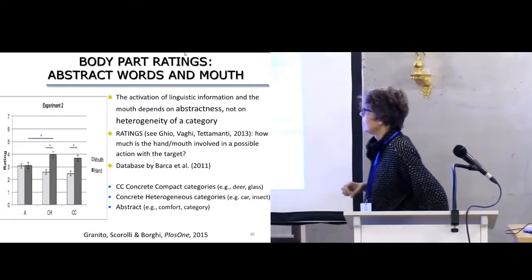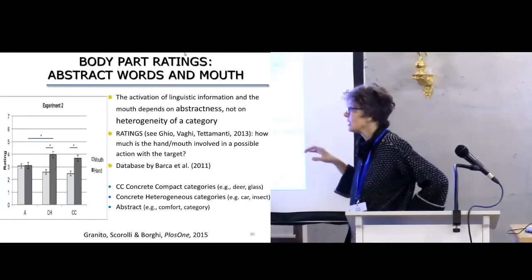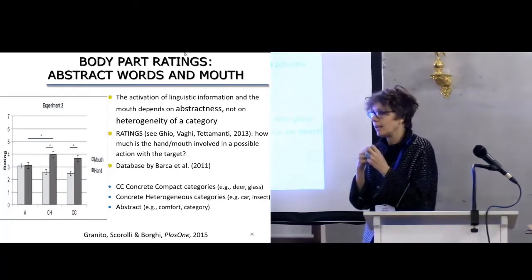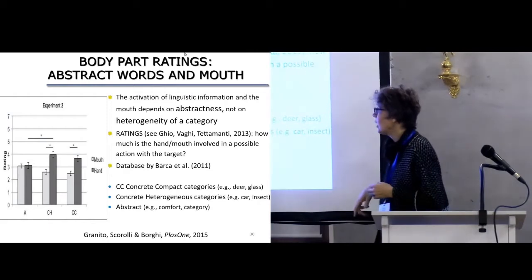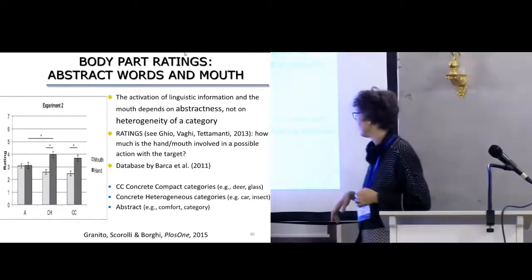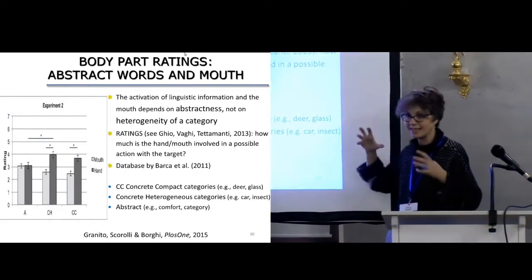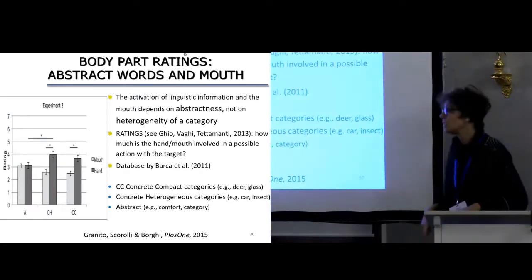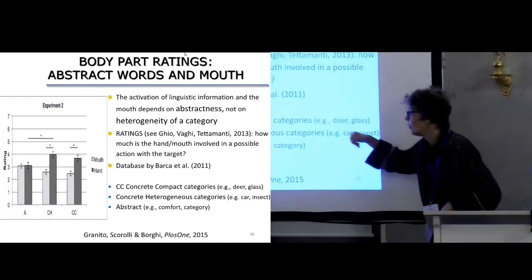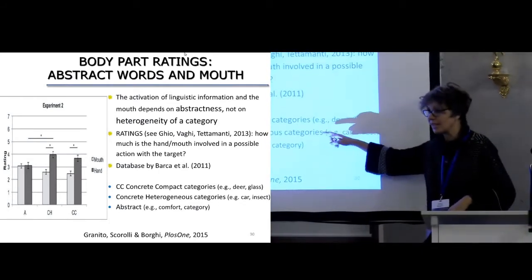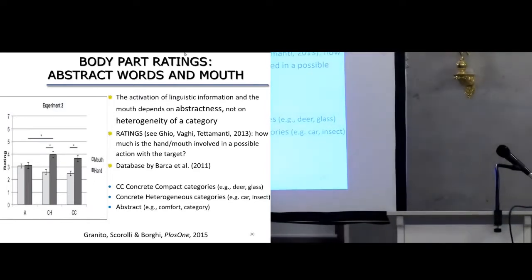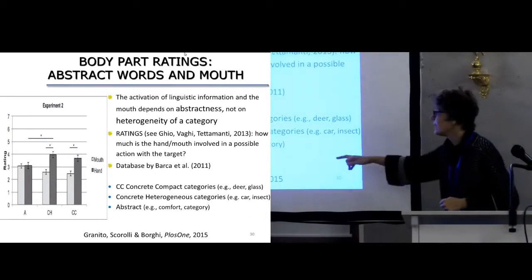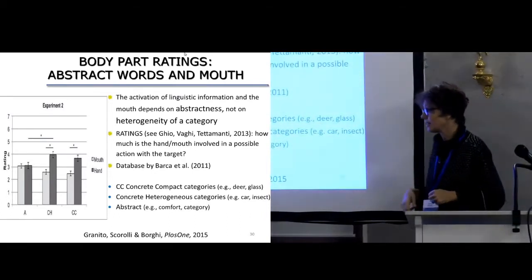So we had concrete categories which are compact, like beer and glass, whose members are not heterogeneous; concrete categories whose members are heterogeneous, like cars or insects; and abstract concepts like comfort and category. We found that in the case of concrete compact and concrete heterogeneous categories, there is always an advantage of the hand, whereas in the case of abstract concepts, this advantage of the hand disappears.